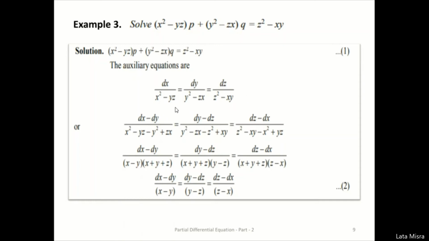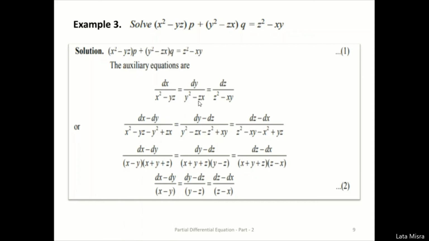So when we see such a type of problem, we solve the terms in cyclic order, just as dx − dy, dy − dz, dz − dx in the numerator and denominator also. So we have dx − dy, and the same as x² − yz minus within bracket y² − zx.